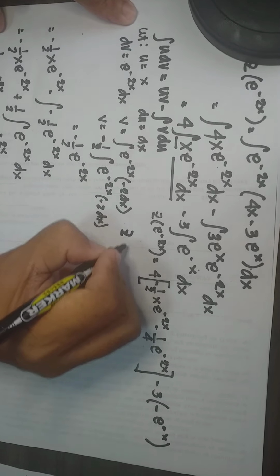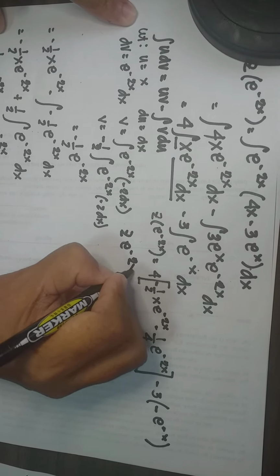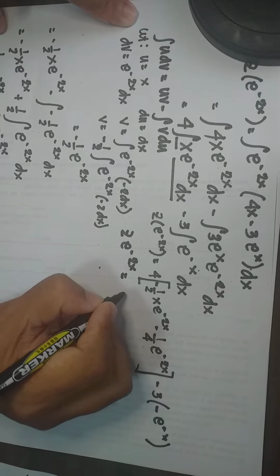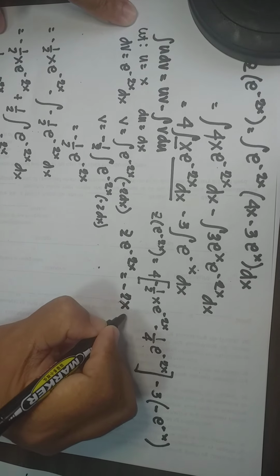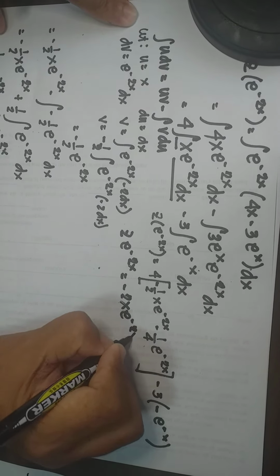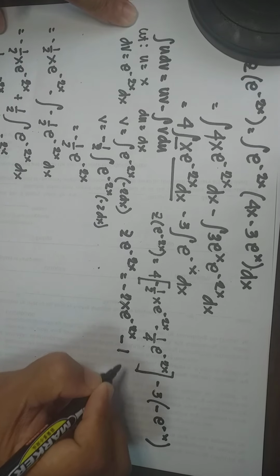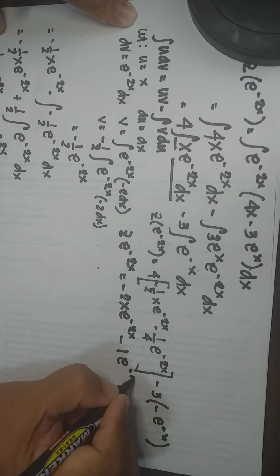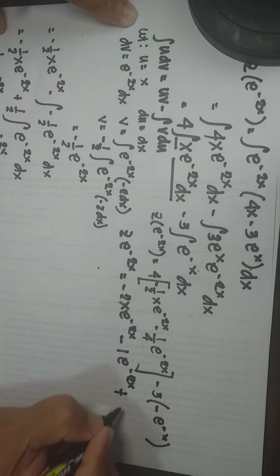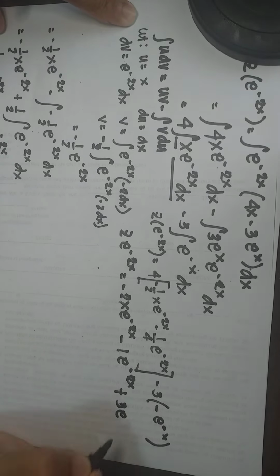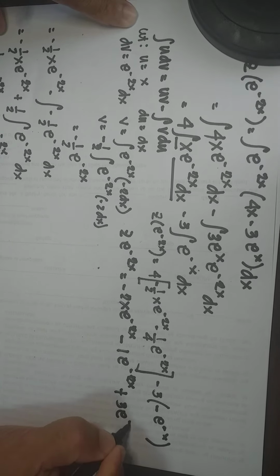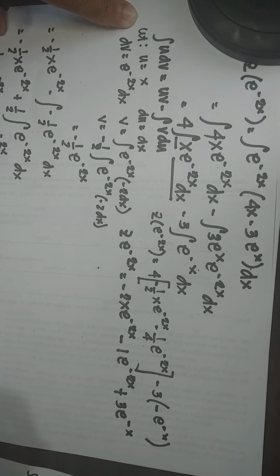So z e to the negative 2x is equal to negative 2x e to the negative 2x minus 1 e to the negative 2x plus 3 e to the negative x.